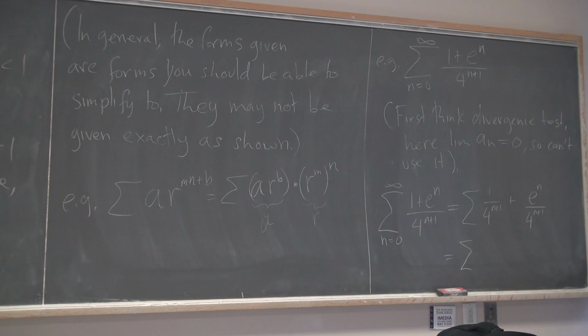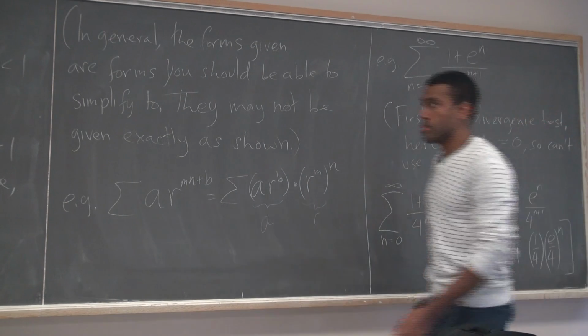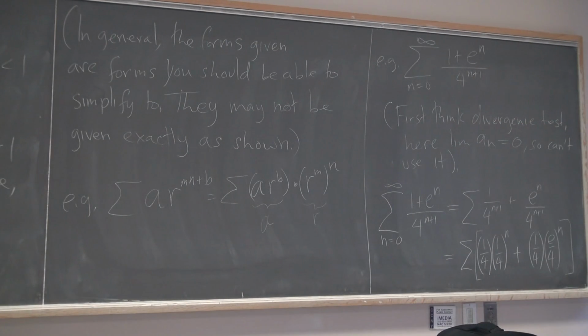How can you write this guy? 1 over 4 to the n plus 1. Well, it's 1 over 4 times 1 over 4 to the n. All right, so this is 1/4 times 1/4 to the n, plus 1/4 times e over 4 to the n.